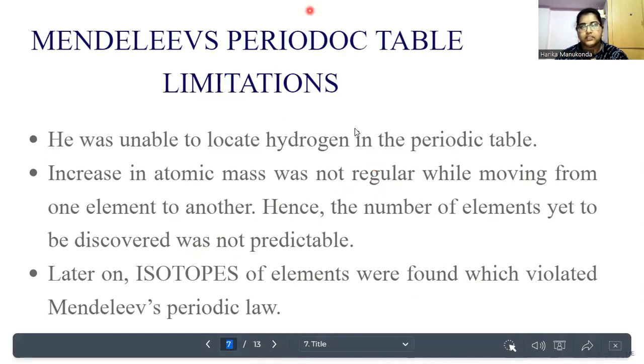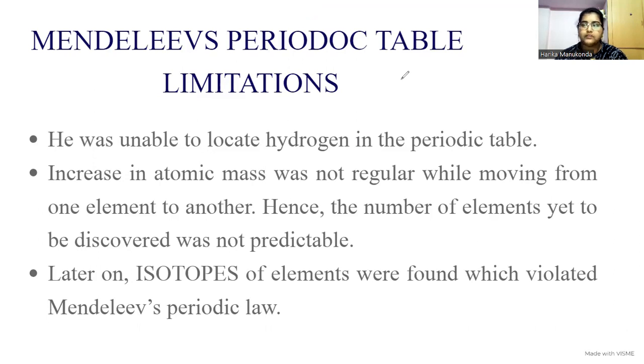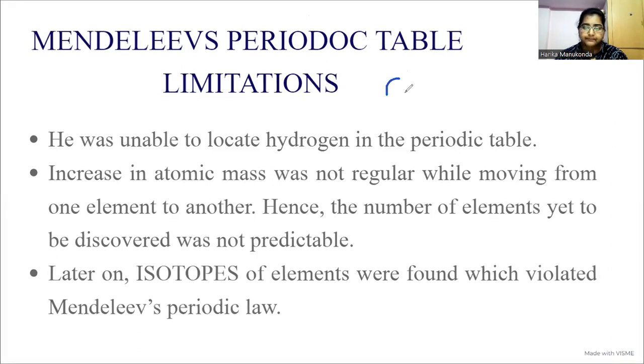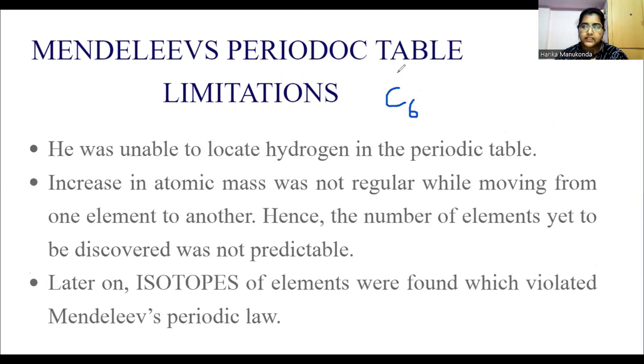If you see isotopes, you already know. Mendeleev's periodic table was arranged depending upon the atomic masses, right? So for carbon, what is the isotope of carbon? The original form of carbon is C-12, and the isotope of carbon is C-14. You can see the mass number is differing here: here it is 12 and here it is 14.